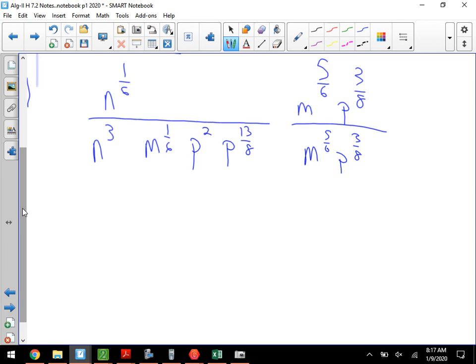And that gives me n to the 1/6, m to the 5/6, p, what's that? What I'm doing here is going to the next whole number. Since this is greater than 1, the next whole number would be 16/8. Did you split it apart?